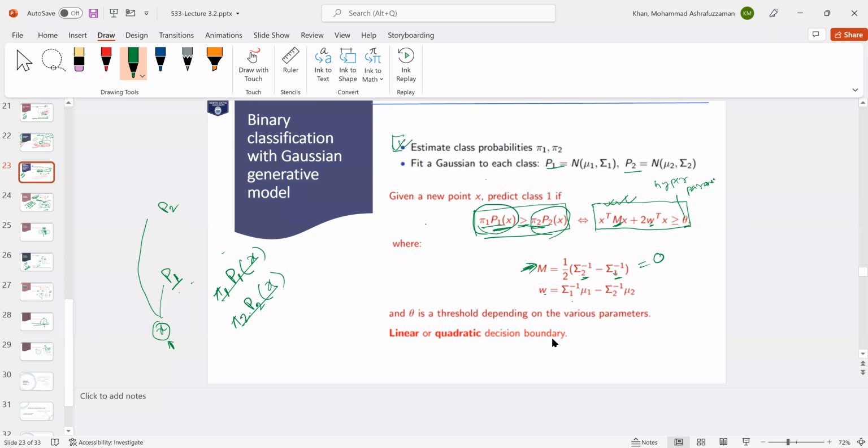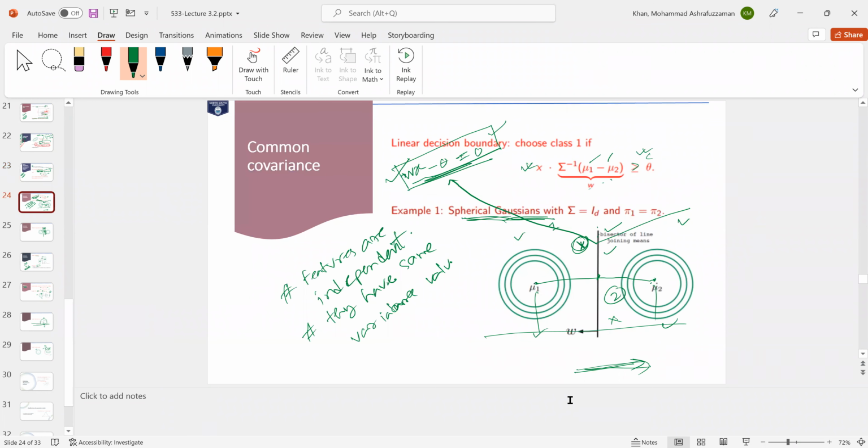But for 2 different classes, we can minimize this relation to look like this. And this term has a relationship with the covariance matrix and the mean values. Based on that, we can form different decision boundaries.